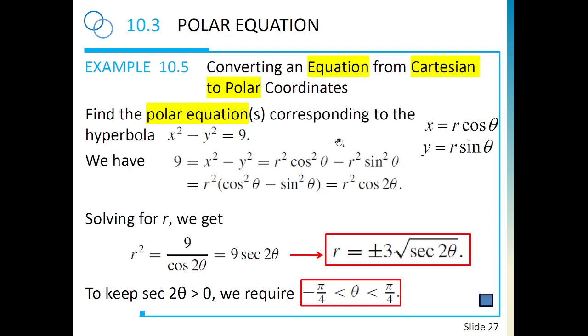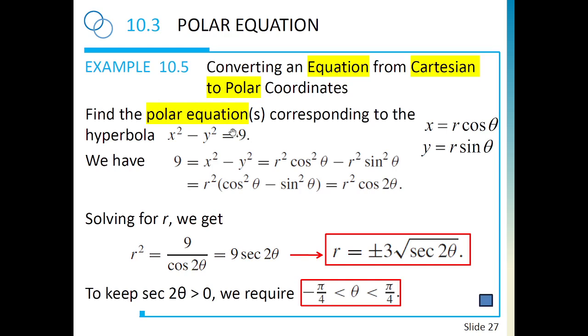So here are some polar equations. We know that we can have these equations for our curves. So this is a hyperbola, x squared minus y squared equal 9. That's cute, but what we would like is to have a polar equation representing the same curve.